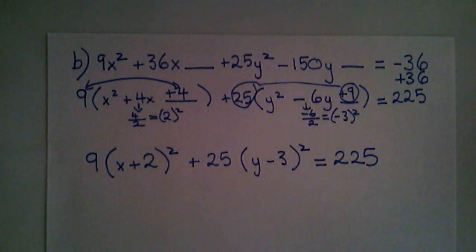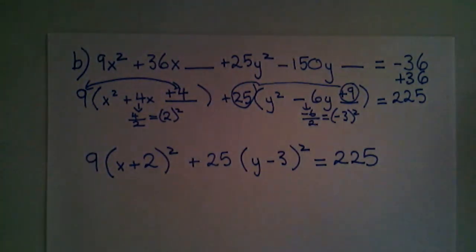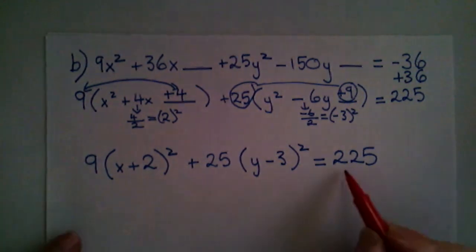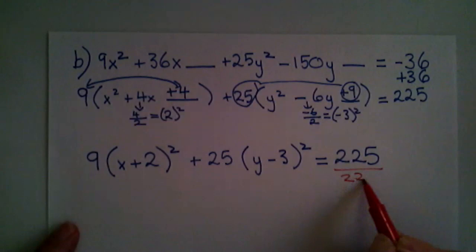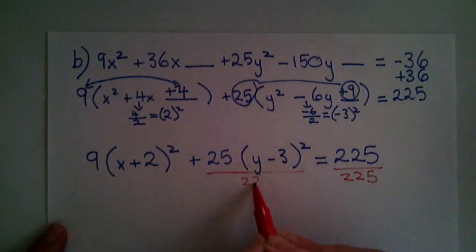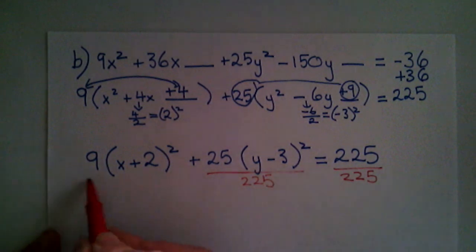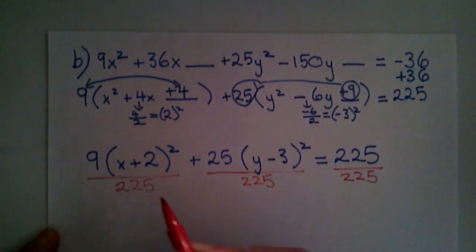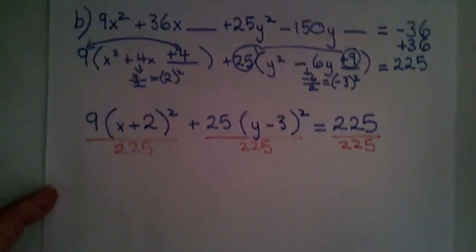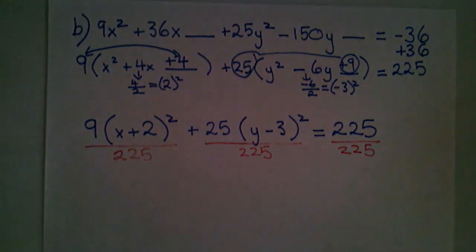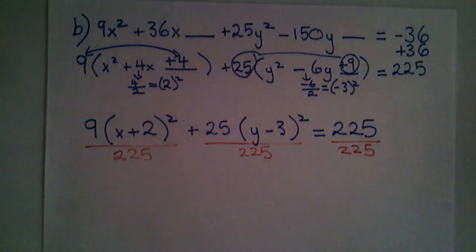Remember, this has got to equal 1. So we've got to divide everything by 225. Oops, my red pen isn't so red anymore. Hopefully you can see that. Okay, so once we've got that, we've got the 1 that we need.